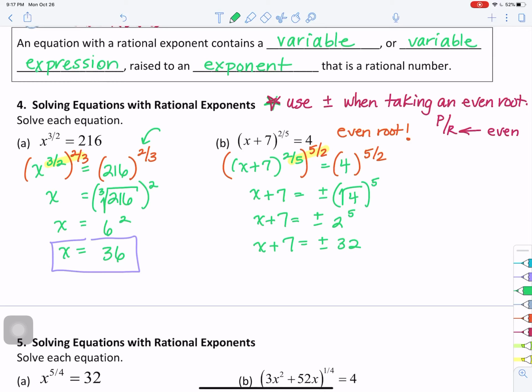Now, we're solving for X, so we're going to subtract 7 from both sides. So we have -7 plus or minus 32. Well, that generates 2 solutions. We first have X equal to -7 plus 32, and that's equal to 25.